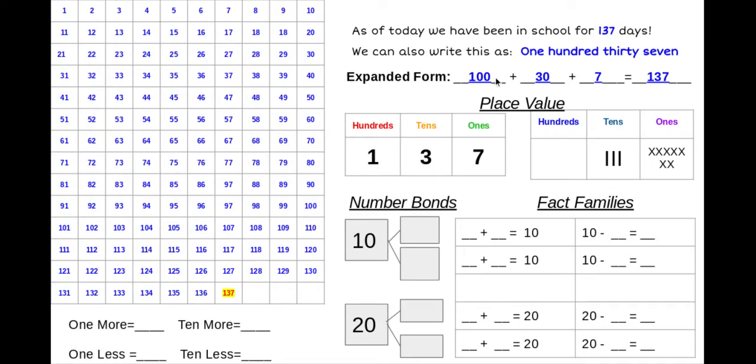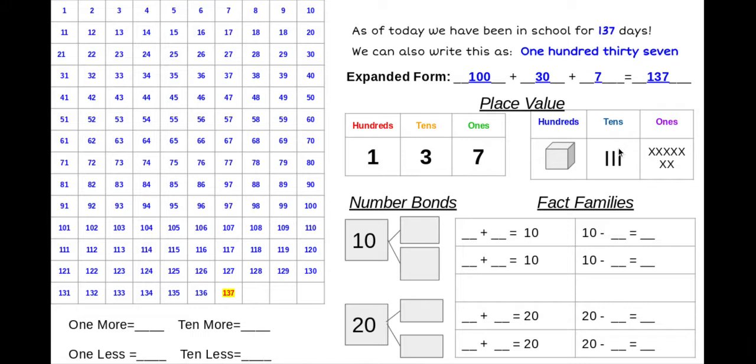There's our 100. Now in the classroom, we just had that giant square that we were able to magnet up to the board. But because we're on the computer, we can get all sorts of fancy and put up a cube. Watch this. Bam! A cube of 100. So we have 137. 100 plus 30 plus 7 equals 137. If you're following along A-OK, pat yourselves on the back. Hip hip hooray.